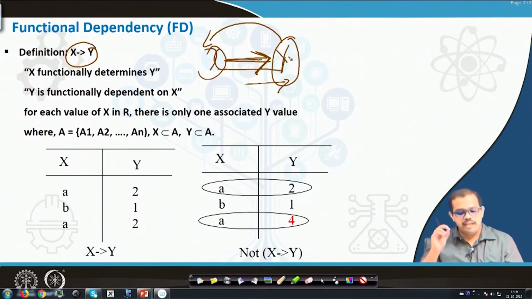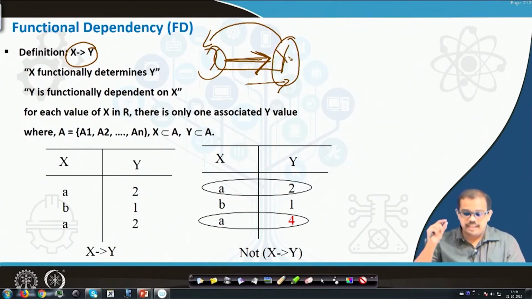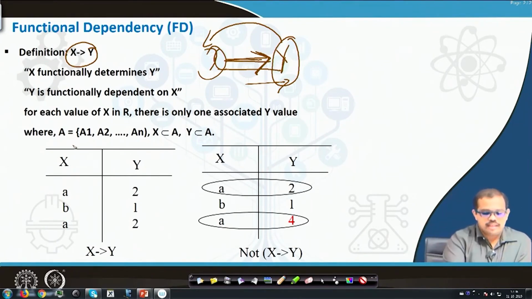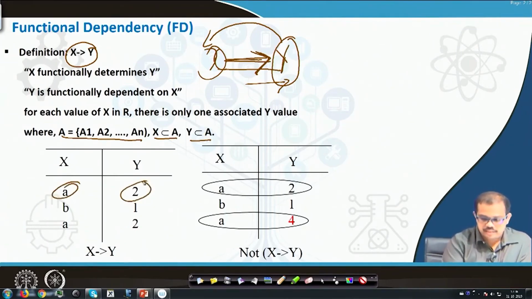So, now for each value of x in R, which means in that particular set, there is always one associated y value when it is functionally dependent. Okay. So, let us consider this as a particular set, which means x belongs to A, y also belongs to A. Now, if you see here, this value, this value.